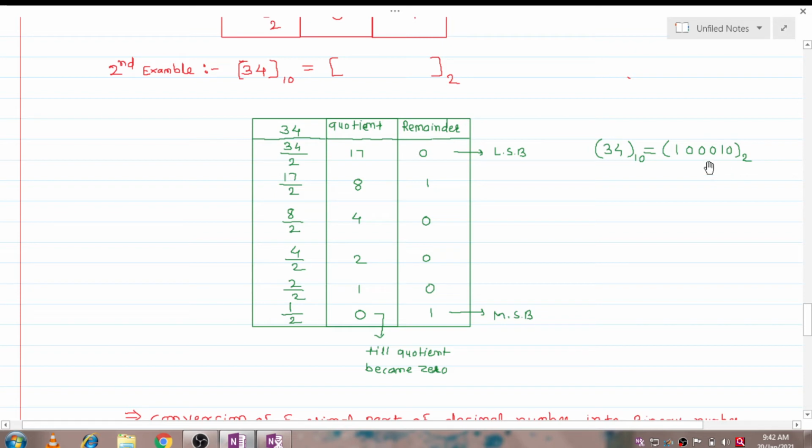This is our binary number. In this way, using the double method, we continuously divide by 2 until the quotient becomes 0, and put the remainders in reverse order. In this way we can easily convert a decimal number into a binary number.